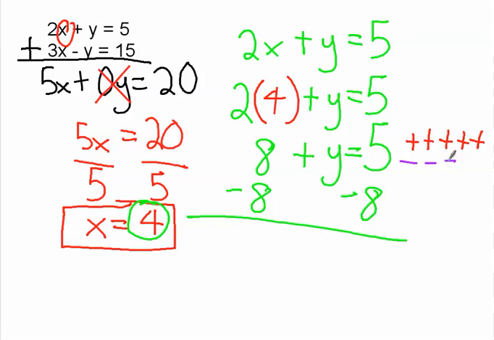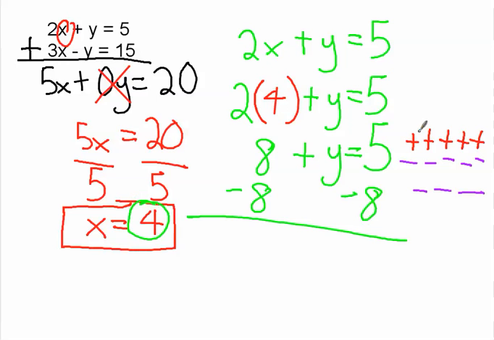Oops, let me erase that. So you have 1, 2, 3, 4, 5, and then 6, 7, 8. So you have a total of 8 negatives and 5 positives.